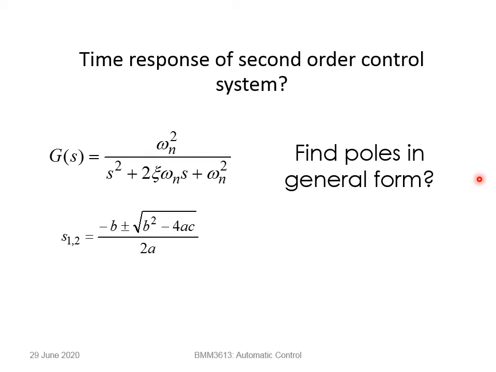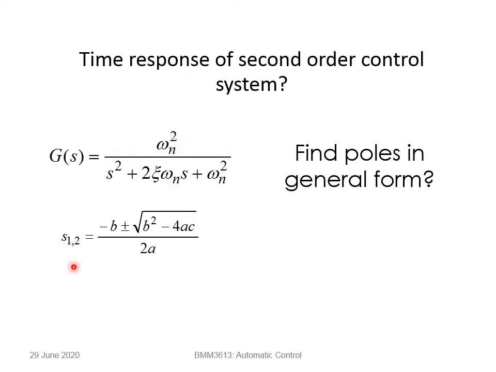If you want to identify the type of response in relation to omega n and zeta, what do we do? Like what we have done before, we find the poles, then plot the s-plane and then plot the time response. But now, instead of the pole positions being a function of a and b, they will be a function of omega n and zeta.